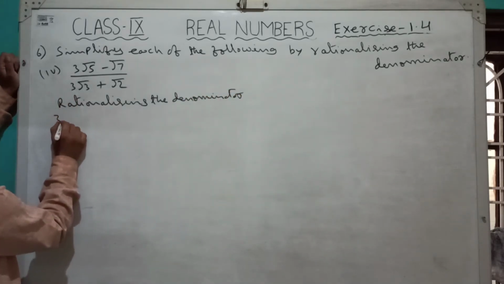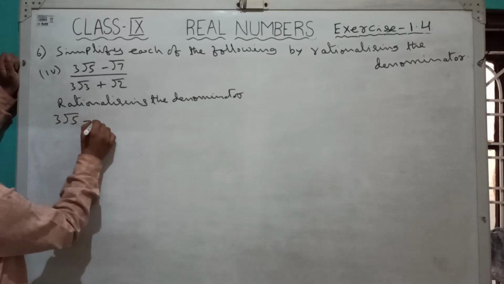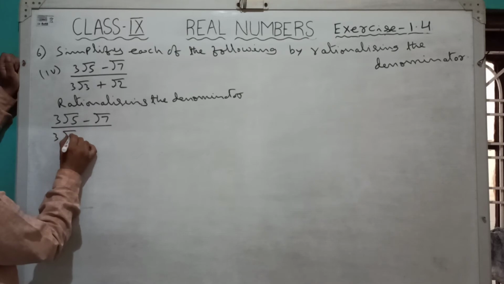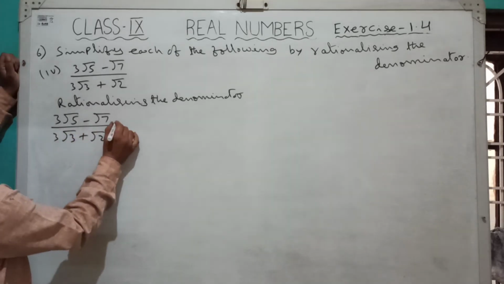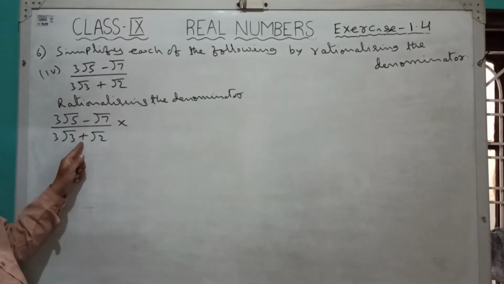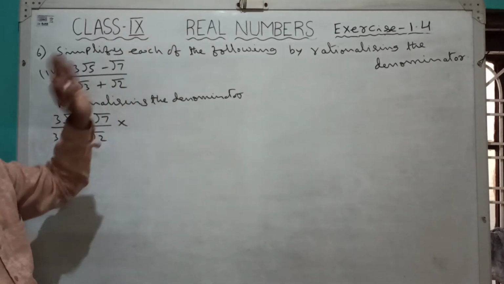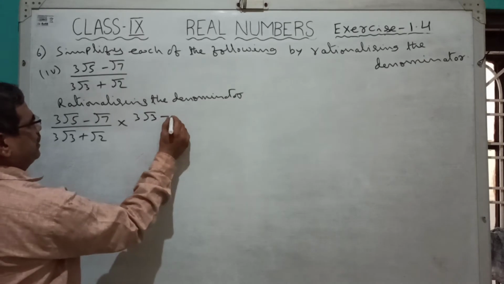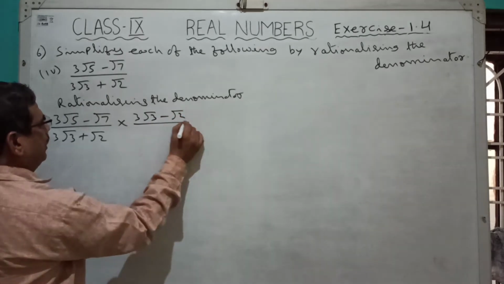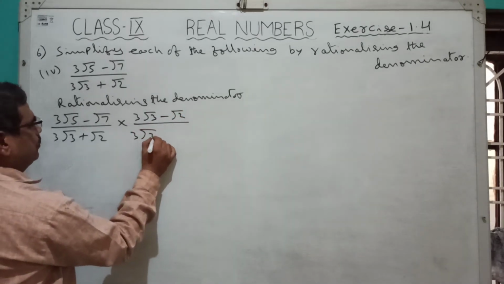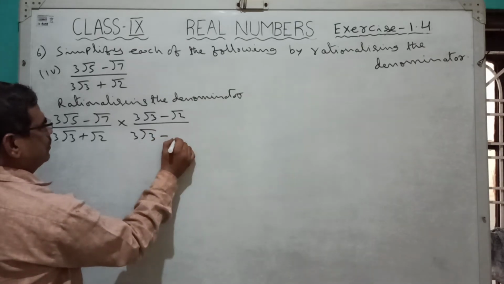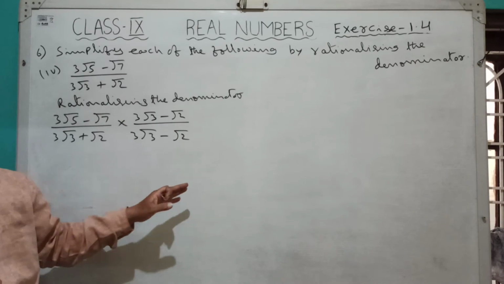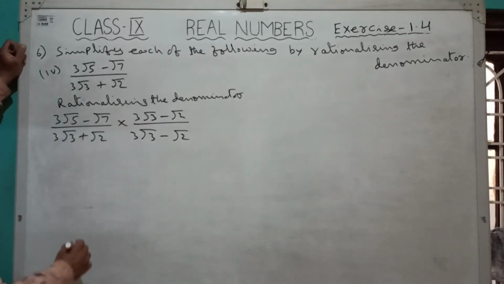So 3 root 5 minus root 7 by 3 root 3 plus root 2 into, here plus symbol is there, I have to multiply with minus, 3 root 3 minus root 2 by 3 root 3 minus root 2. A plus b, a minus b. So the root will get cancelled.